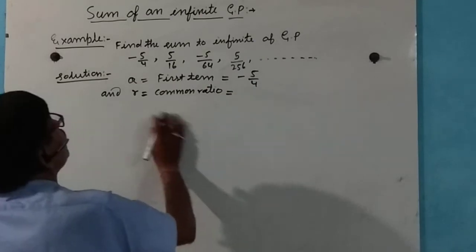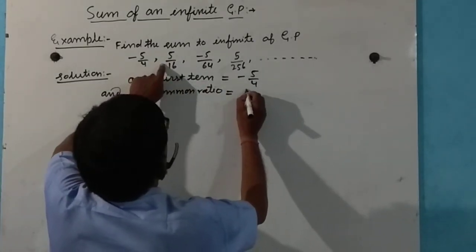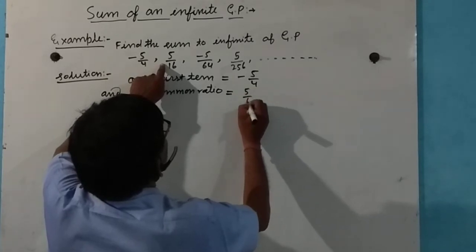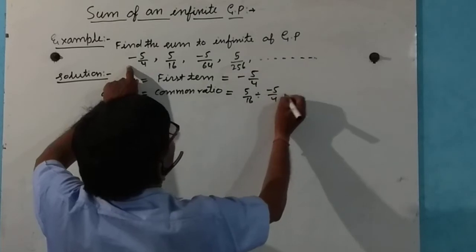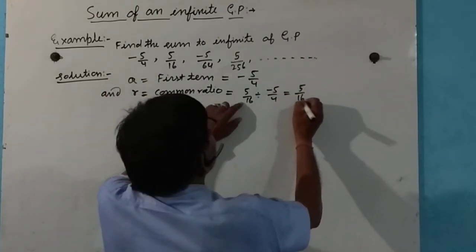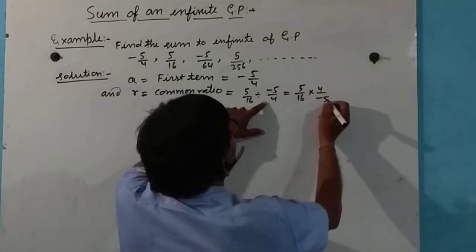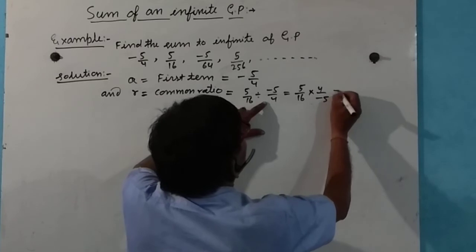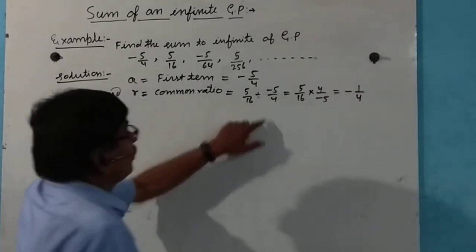R is equal to 5 by 16 divided by minus 5 by 4, which is 5 by 16 into 4 by minus 5. The 5s and the 4 cancel, therefore this is equal to minus 1 by 4.